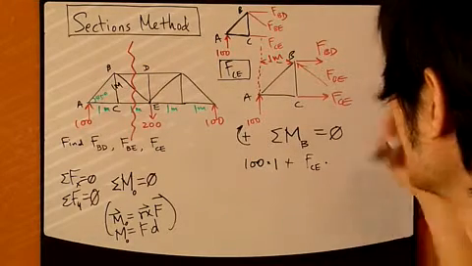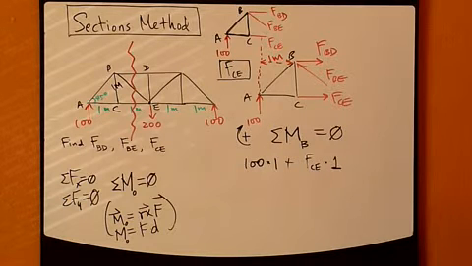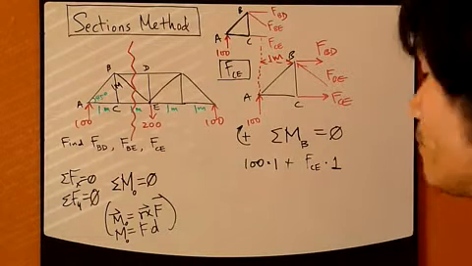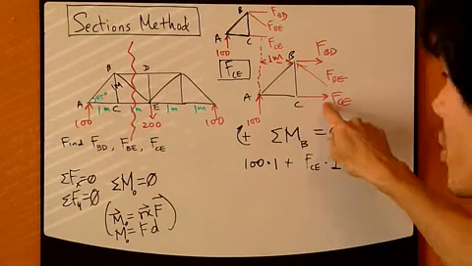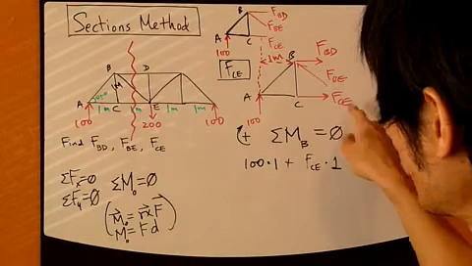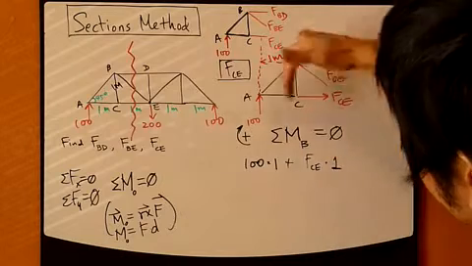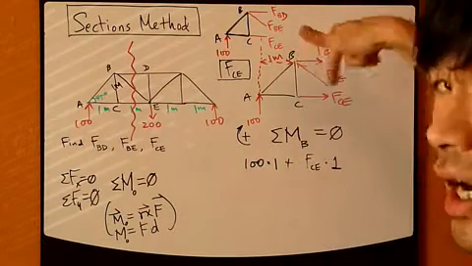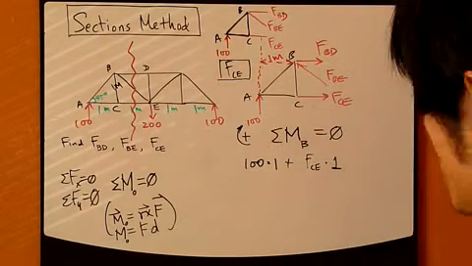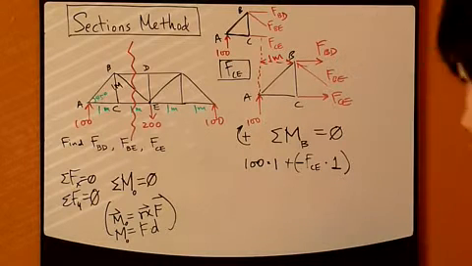So BC is 1 meter, so that's 1. Positive or negative, well, according to the direction that I assumed earlier, that this goes to the right, this means it will create a counterclockwise moment. So this is a negative moment.